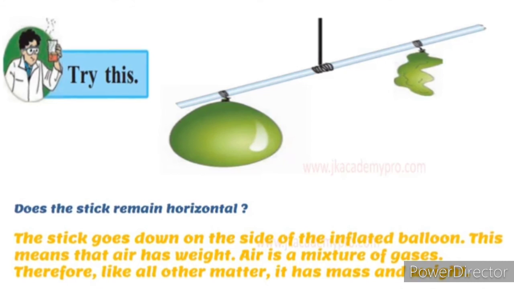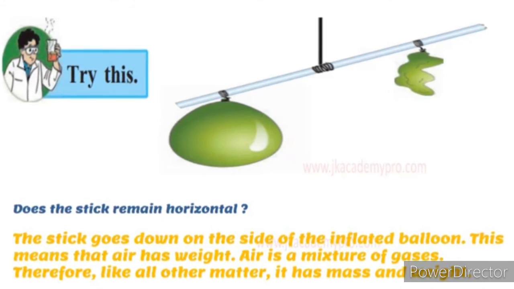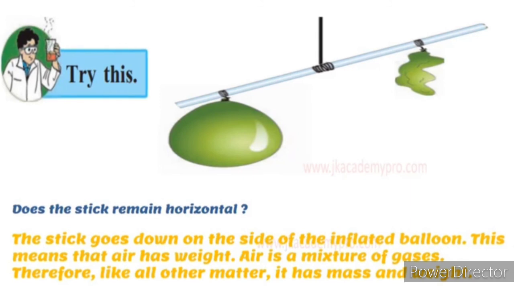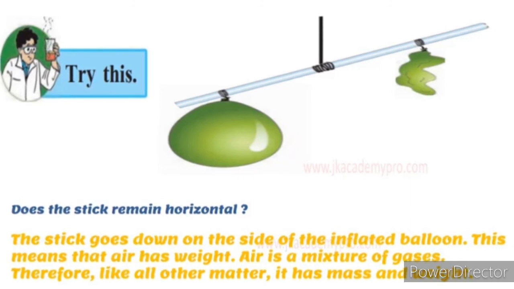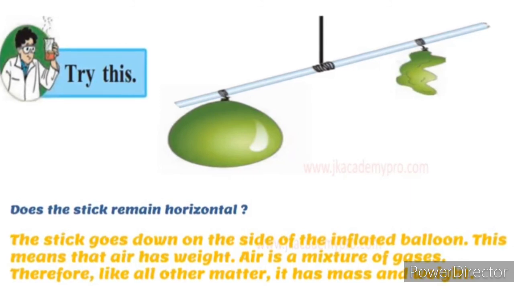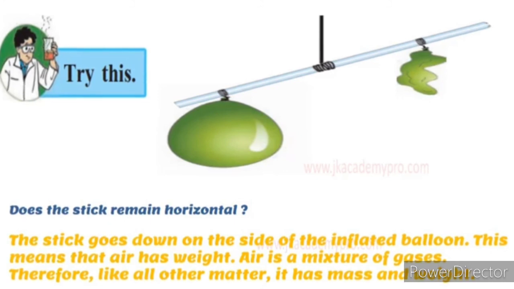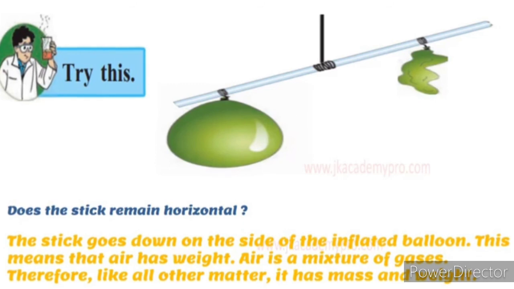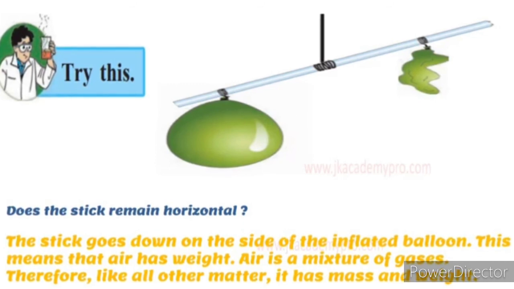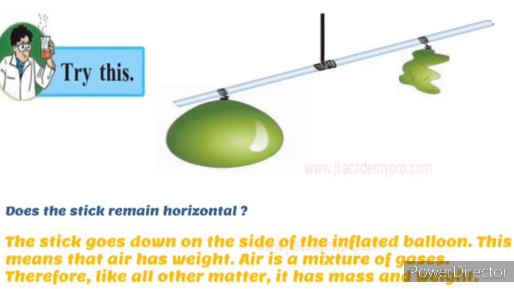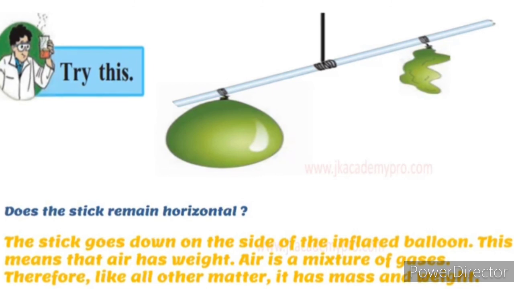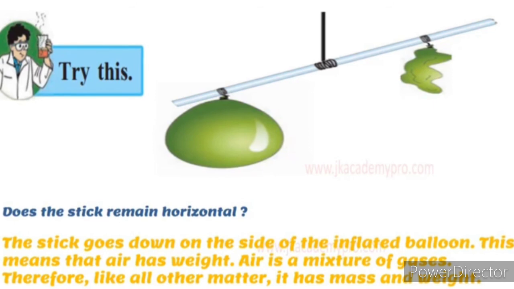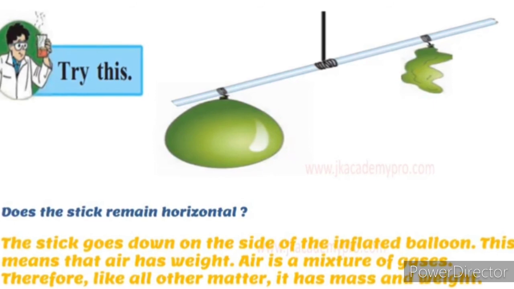Now students, what is meant by mass and what is meant by weight? The mass of an object is a measure of the amount of matter it contains. The weight of an object is a measure of the force exerted on the object by gravity.